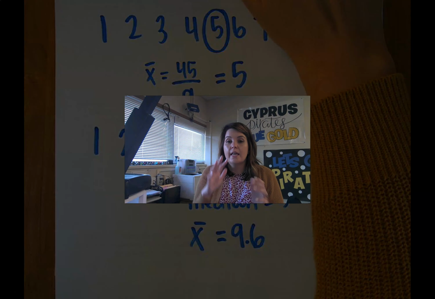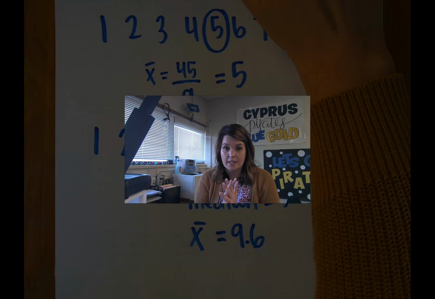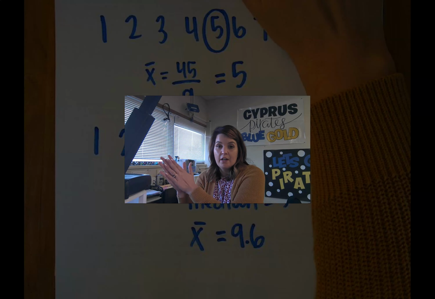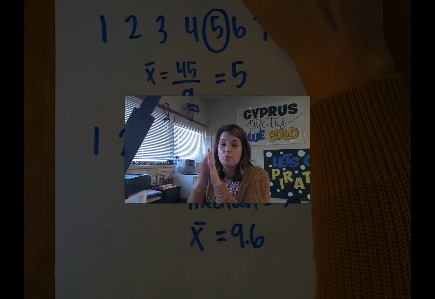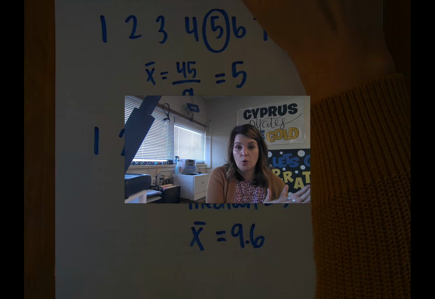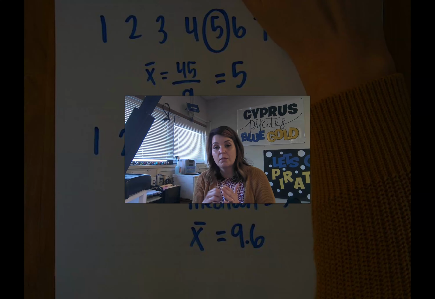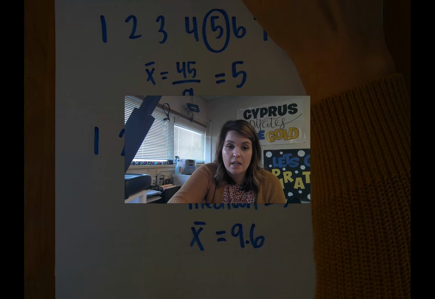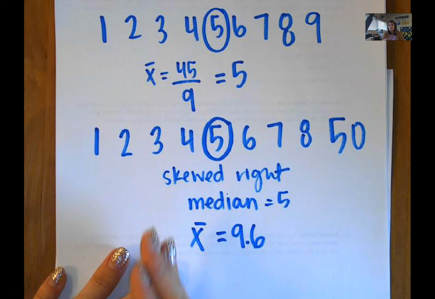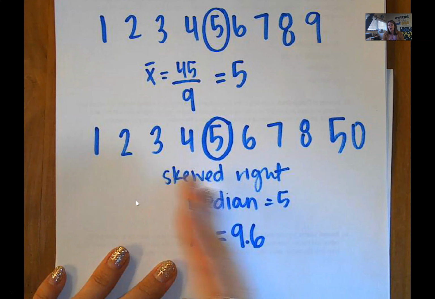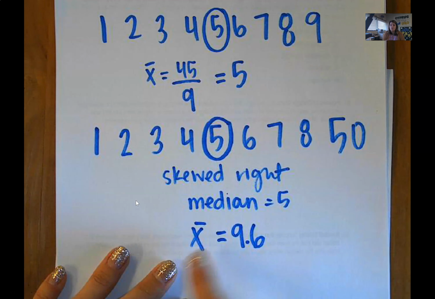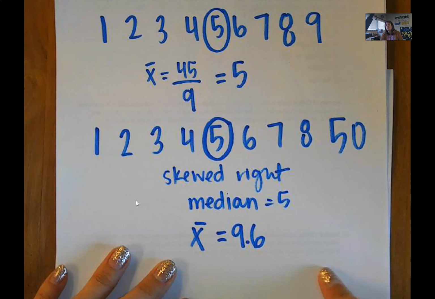So what this is trying to illustrate to you is two things. Number one, if you have a skewed data set, you're either going to have values that are really high on the right-hand side or really low on the left-hand side. When you add those data values in to calculate the mean, it drags the mean toward the skew. So if your data is right skewed, meaning it has larger values, it drags your mean up toward the right.